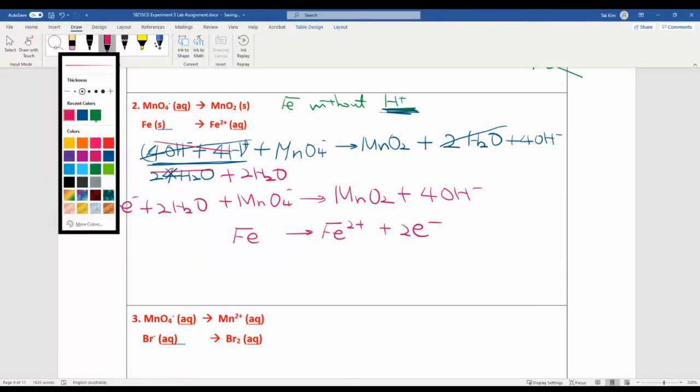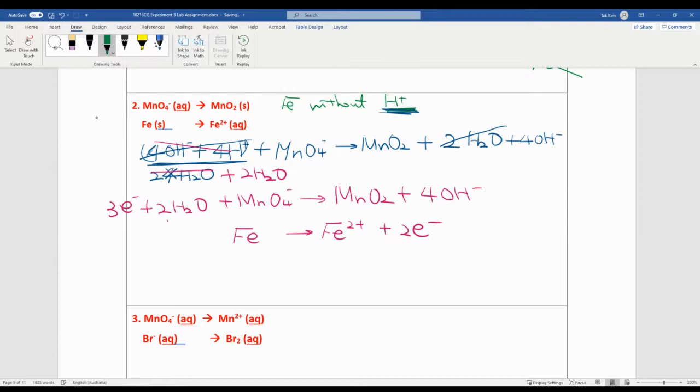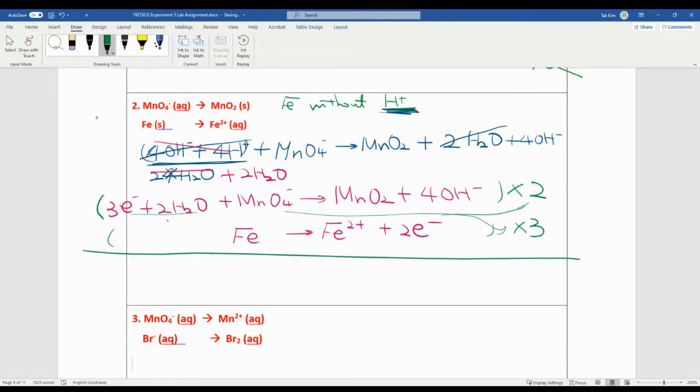Now the most important part, you need to integrate using the number of electrons on both sides. So it should be over here times by 2 from the number of electrons on the other half. And then over here, it should be times by 3. And then you will need to write everything. So everything on the left-hand side goes onto left-hand side.